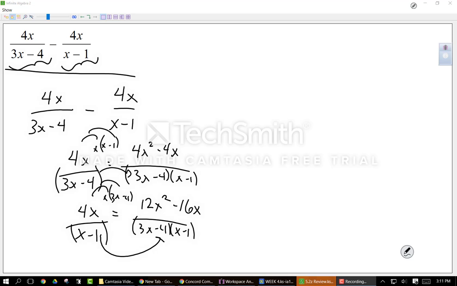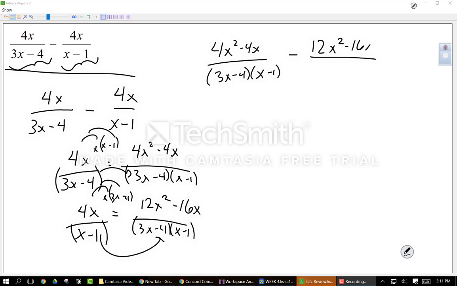So now coming back to the original problem, I get 4x squared minus 4x over my new common denominator, which was 3x minus 4 times x minus 1, minus my new numerator on the right side over my new denominator, that's the common one.